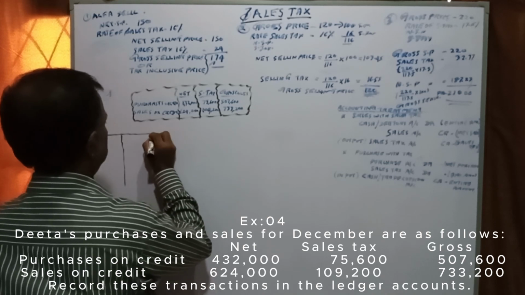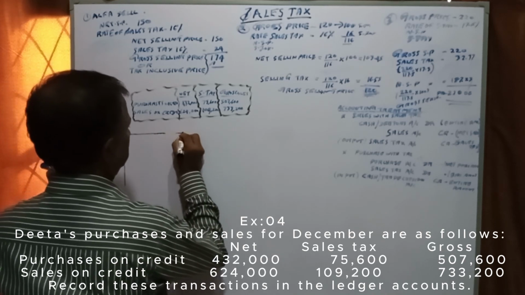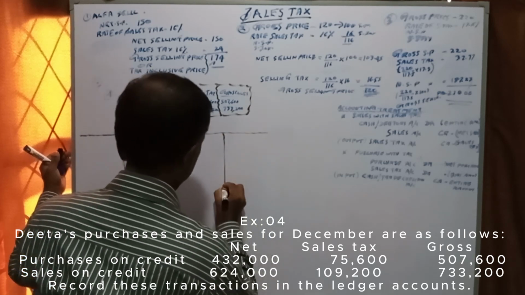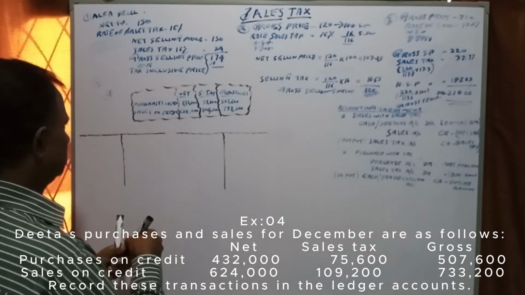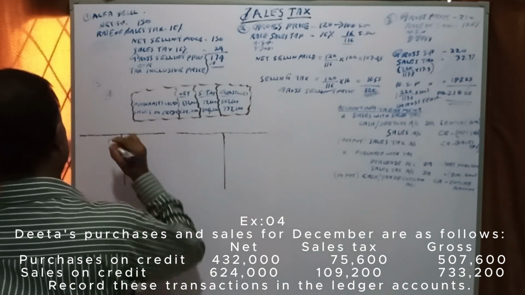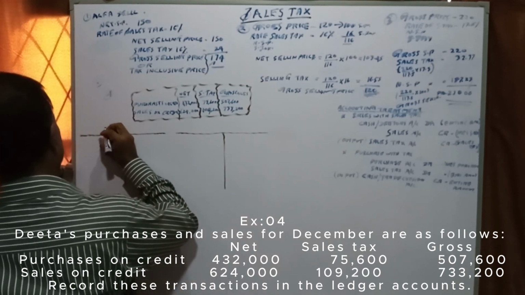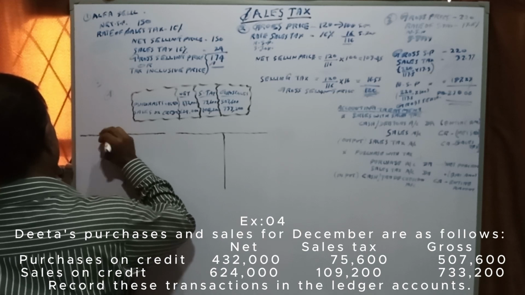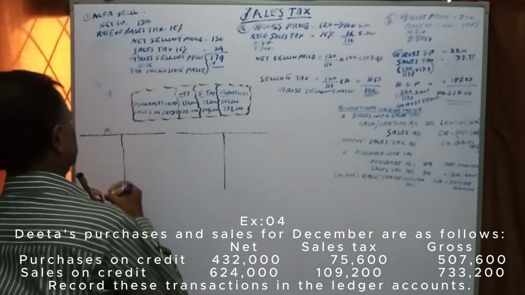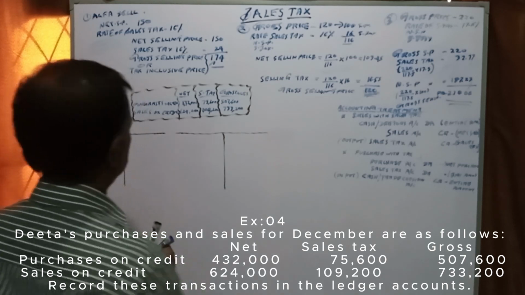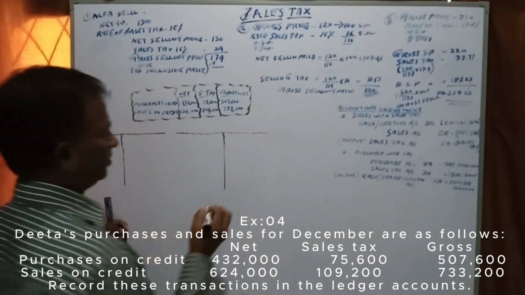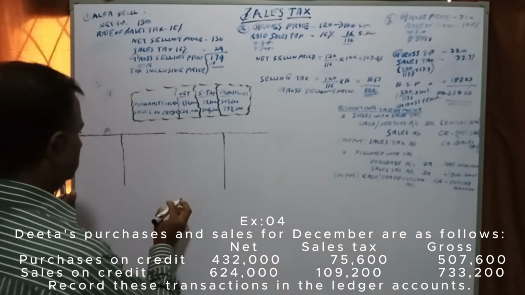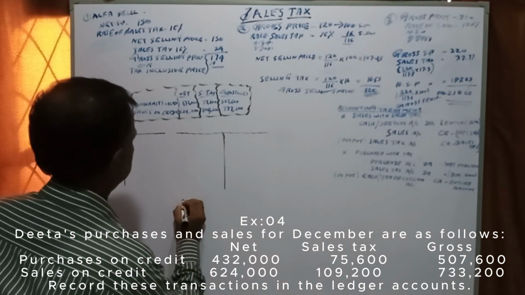And next one is sales account, right? We say purchases, sales, cash account, right?